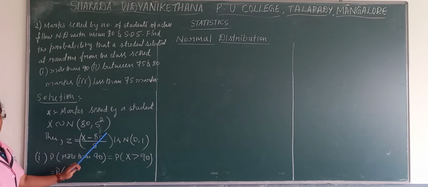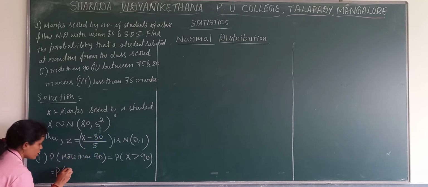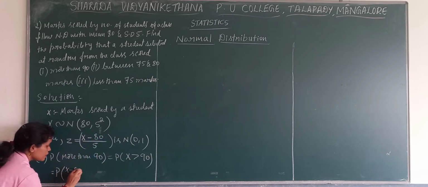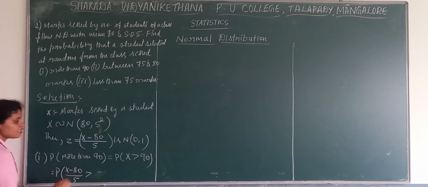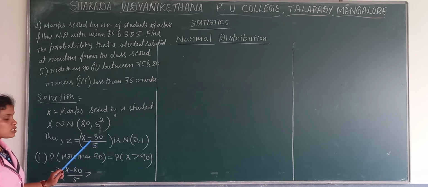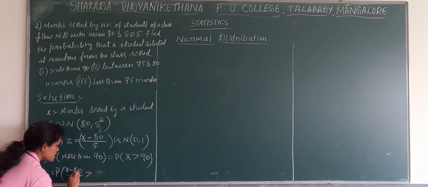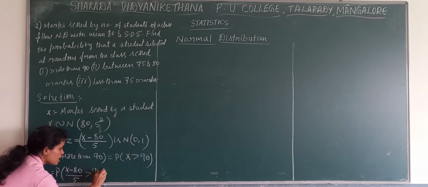This particular formula: X minus 80 divided by 5 greater than 90 minus 80 by 5. In the standard normal variate function, in the place of X substitute 90.